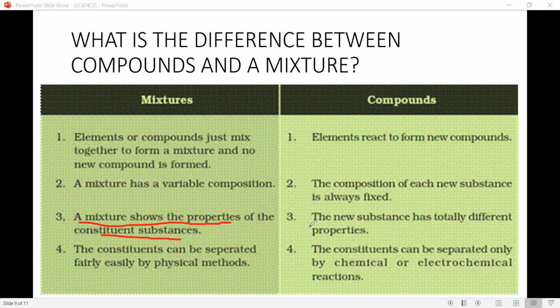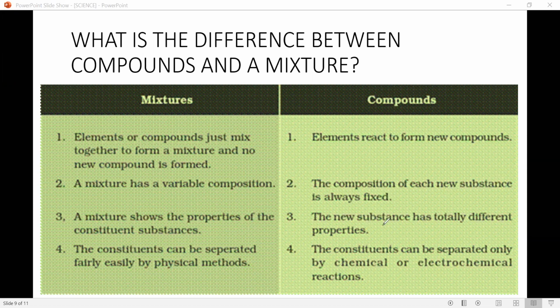And in compounds, the new substance has totally different properties. So what we can understand is that a mixture shows the properties of its constituent substances. When they are only mixed together, they have the same properties as they had before.